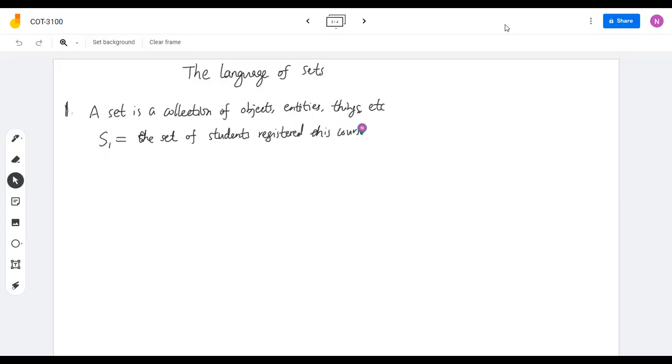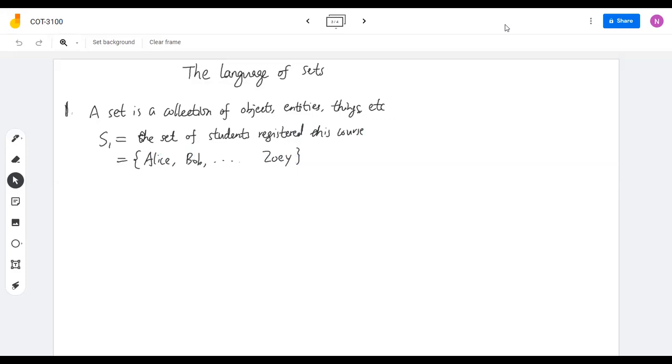And for simplicity, I assume that there are 26 students registered in this course, and they are called Alice and Bob, and so on and so forth. And the last one is Zoe, because I'm going to call their abbreviations A, B, C, Z.